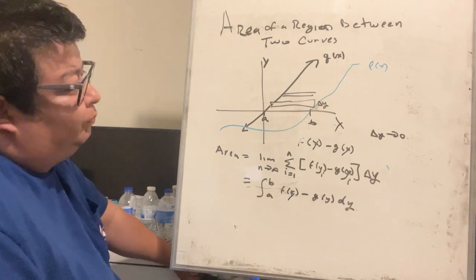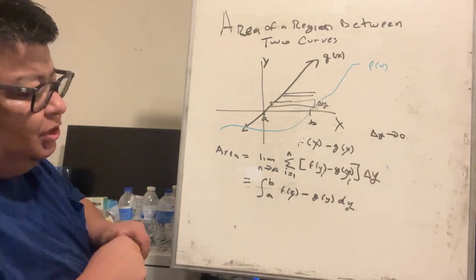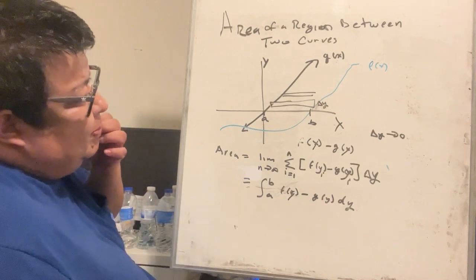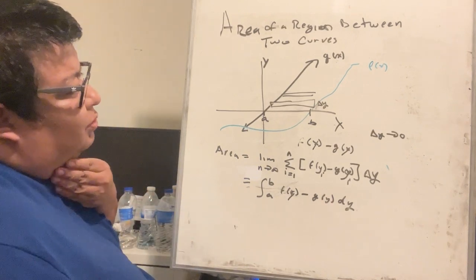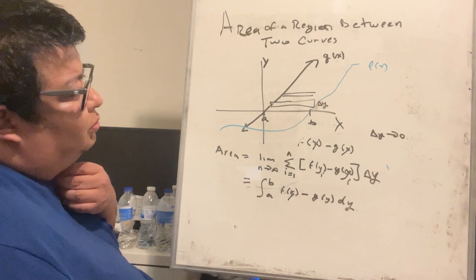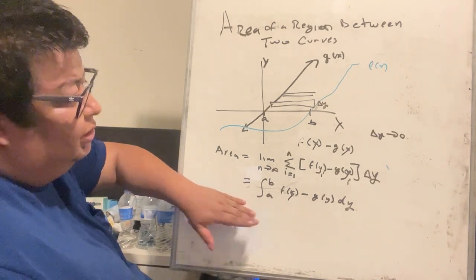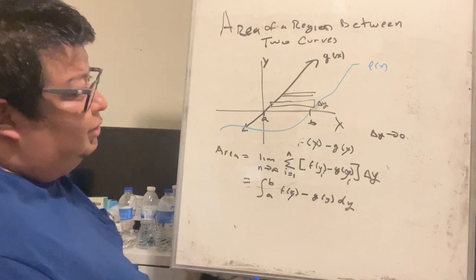Okay. So now I'm going to come back to the special example. A special example where you're going to have to use the same integral idea but with a different method.